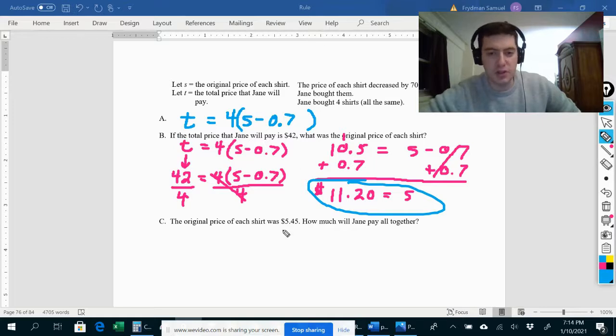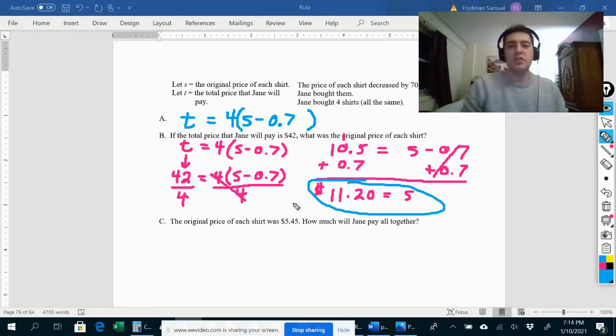Obviously, these two numbers are different, but there's another key difference, which is that in this problem, we are given the original price of each shirt, and we have to find the total price, the amount that Jane will have to pay altogether. Whereas back in this problem, we were given the total price, and we had to figure out the price of each shirt.